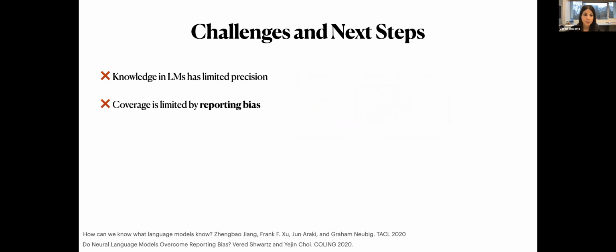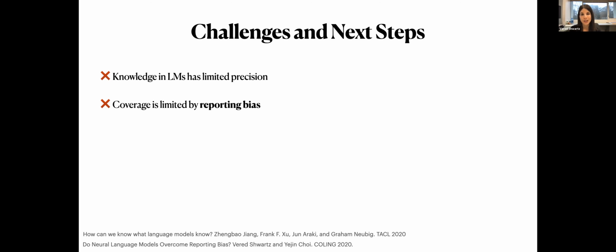The other side of the problem: so this was limited precision. The other side is limited coverage, and here there's a problem of reporting bias. Because these models learn from text, they assume that what is reported in text is what is true in the world.